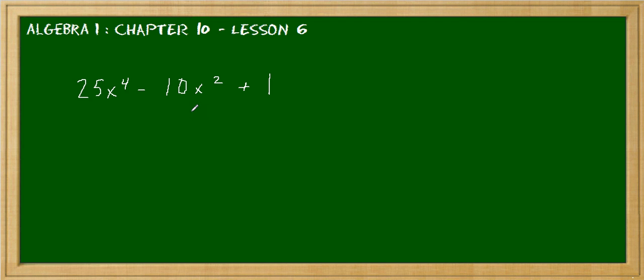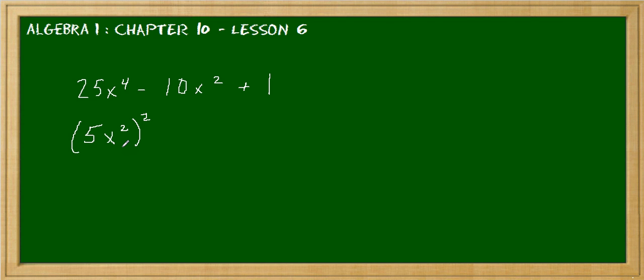And we can see that 25x to the 4th is a perfect square. In fact, 25 is a perfect square that we can write as 5, right? And x to the 4th can be written as x squared. So we can say that this is 5x squared raised to the 2nd power. Can we not? Yes, because we would square the 5, that would be 25, and we would square the x squared, that would be x to the 4th, and we have our term.